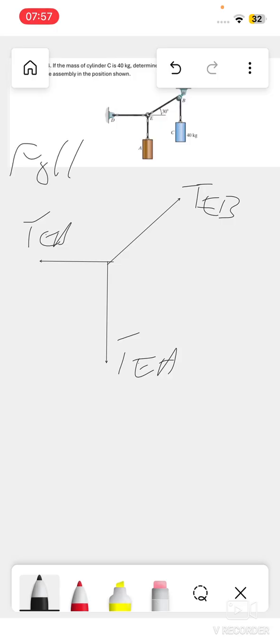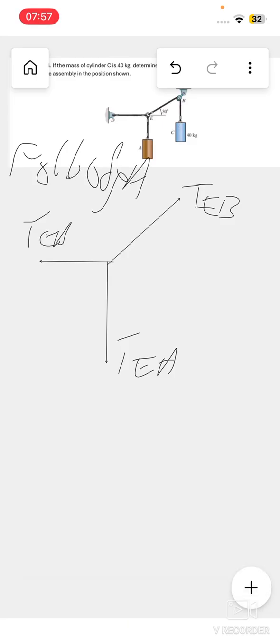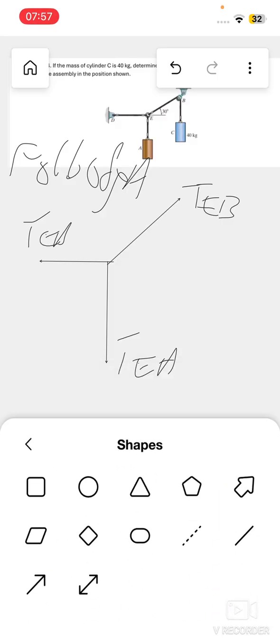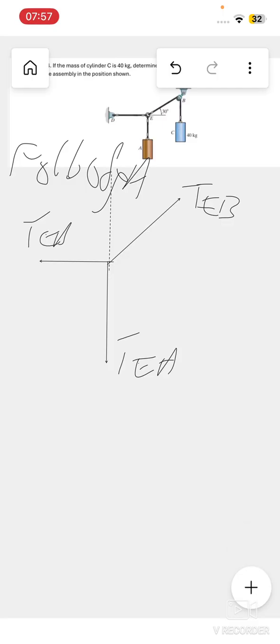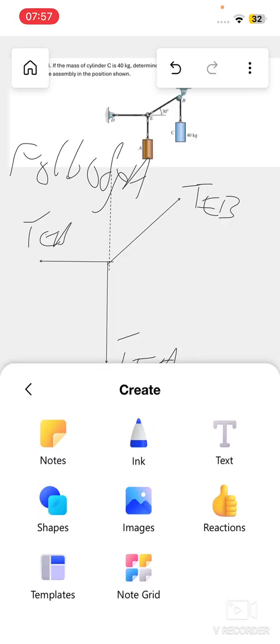In order to answer these questions, you need to show the vertical and the horizontal component. These dotted lines, the imaginary lines, are going to represent the components of the forces.